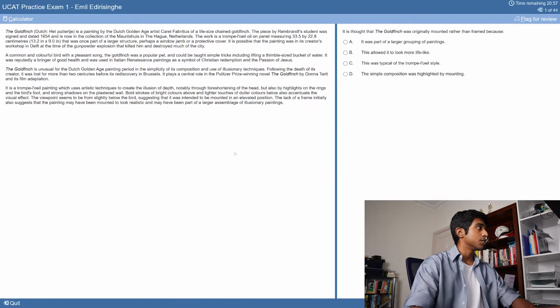Okay, so first passage is about a painting, seems alright. It is thought that the goldfinch was originally mounted rather than framed because large group, more lifelike, typical, and simple composition was highlighted by mounting. Okay. Life size changed goldfinch. Okay, that's about the origins.